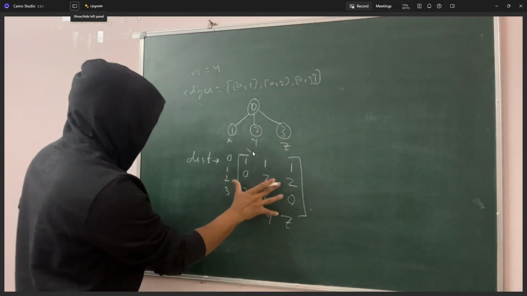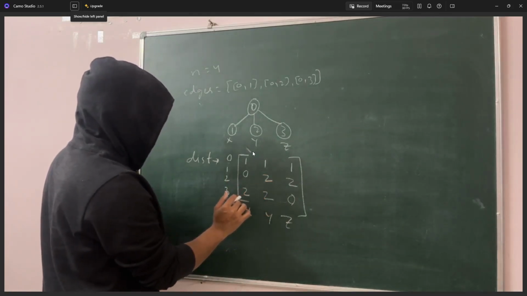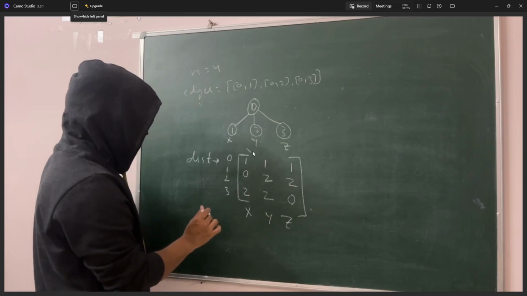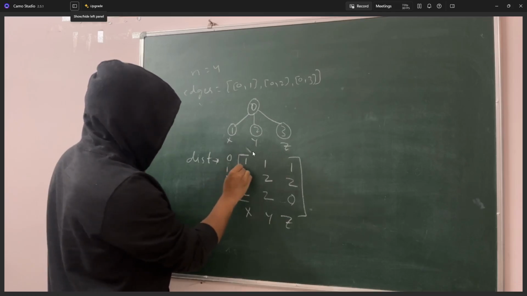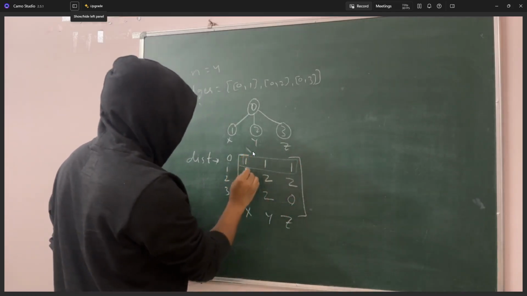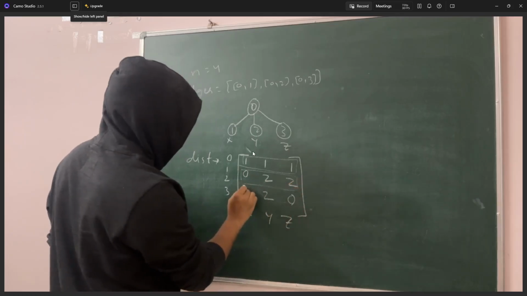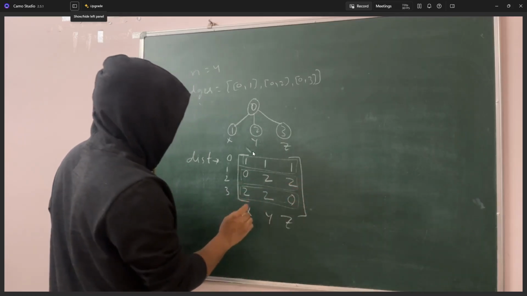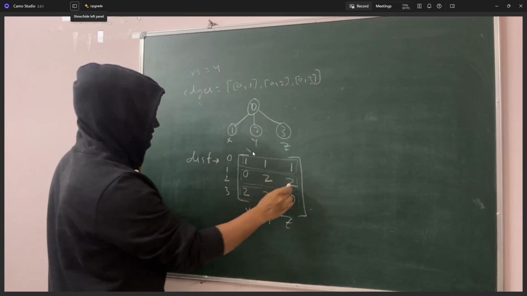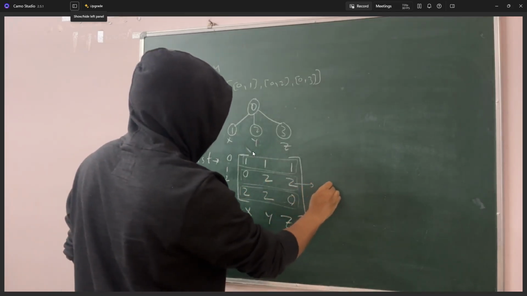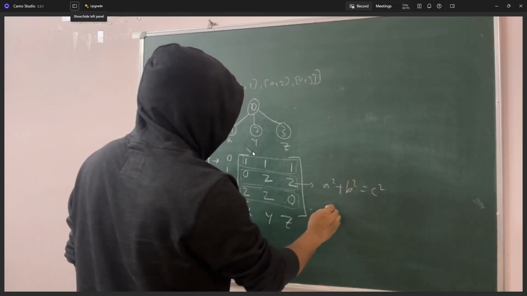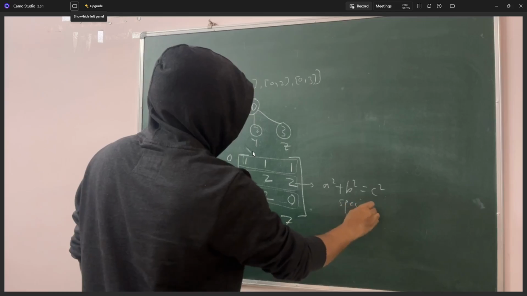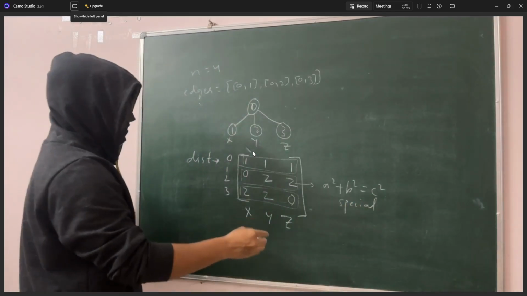When you have this distance vector, which means now we'll take one by one all these triplets and try to form the Pythagoras triplet. A square plus b square is equal to c square. If it holds, then it is a special one, right? We can increase the special count.